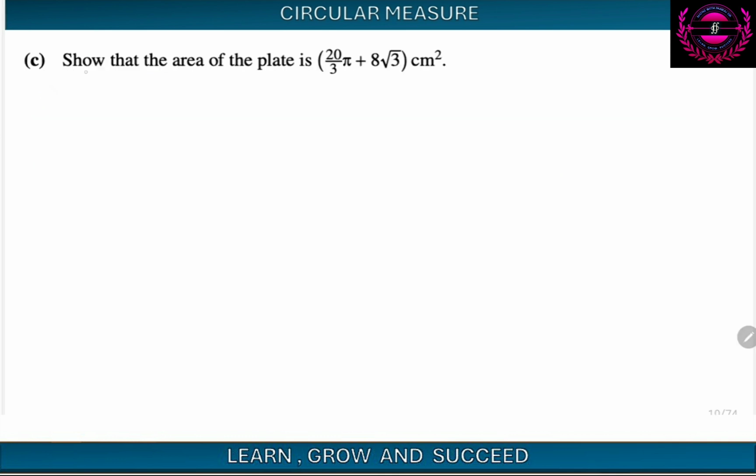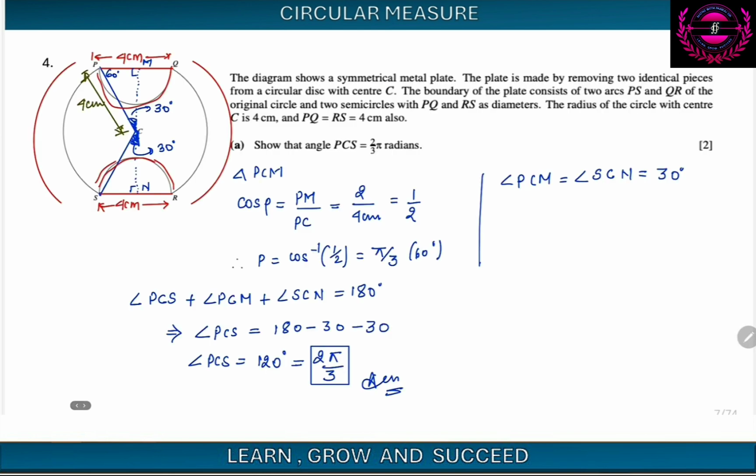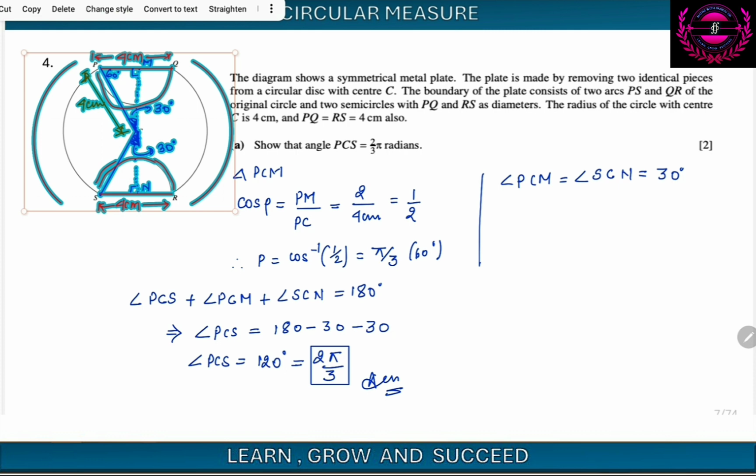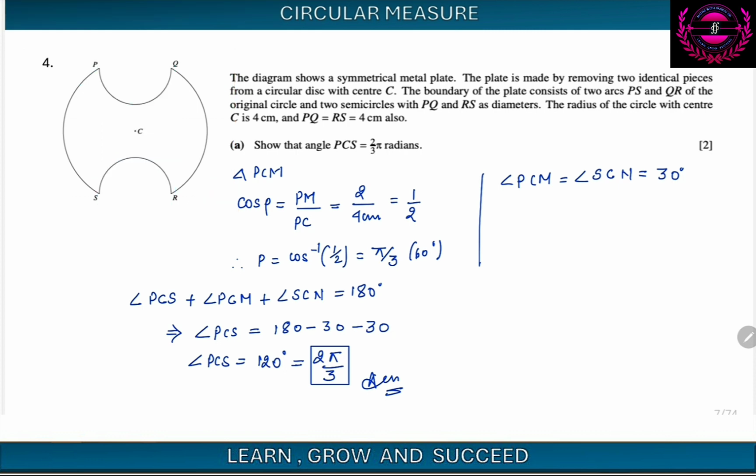Part C of the same question: show that area of the plate is 20 pi by 3 plus 8 root 3. So now let's move to the same question again. This is our question. Let me erase this so that you understand better. Now we have to find the area of this metal plate.